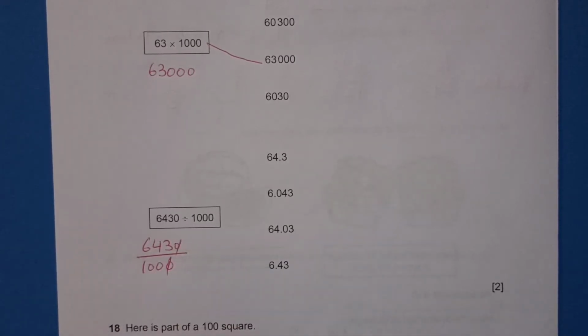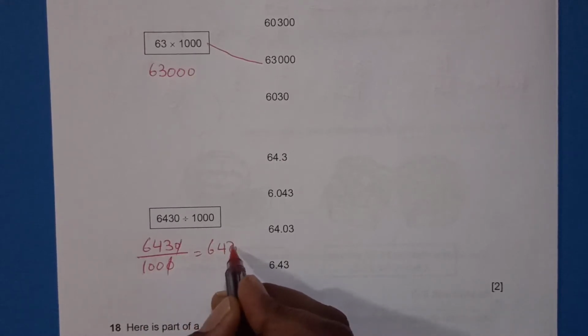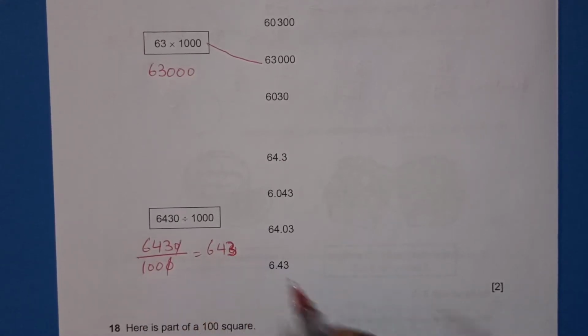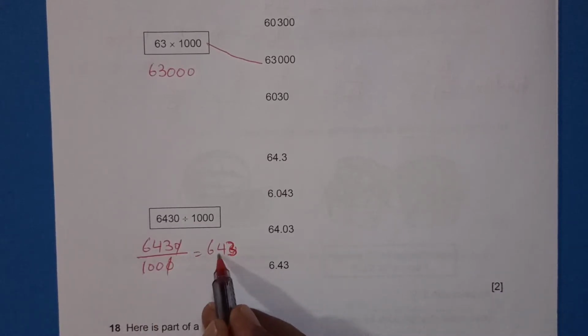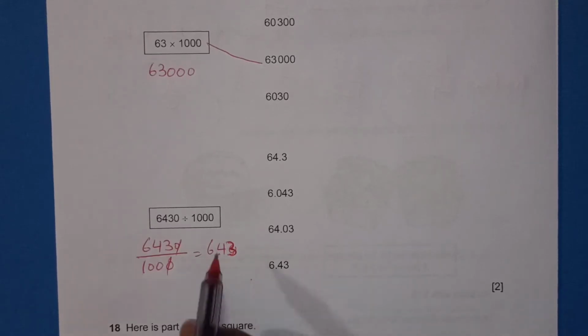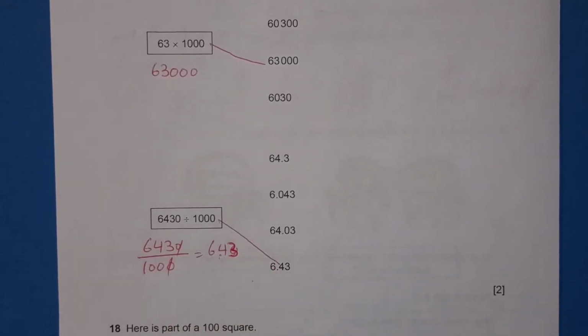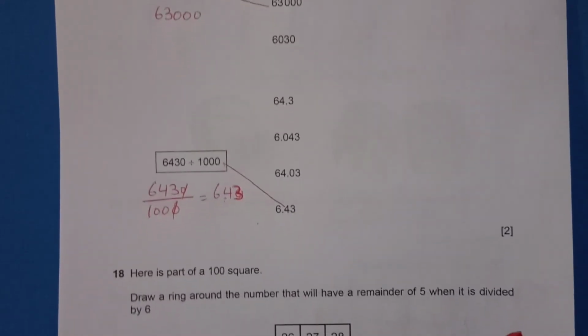So the 0 and 0 are gone, so there are 2 zeros left. So this will be 643, and 2 decimal places from the right-hand side. 6.43 is this one here. So you are going to match this. That's it. There is nothing else in this question.